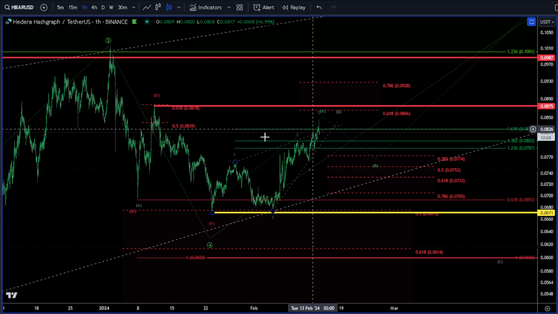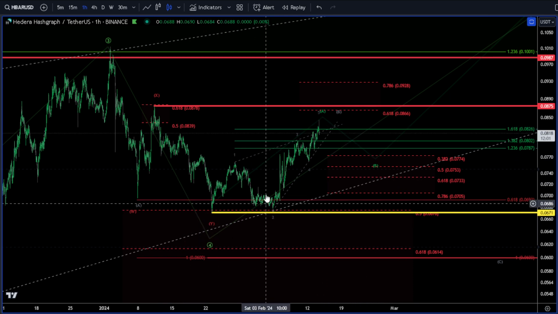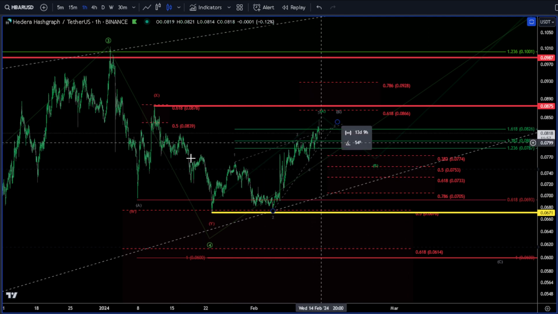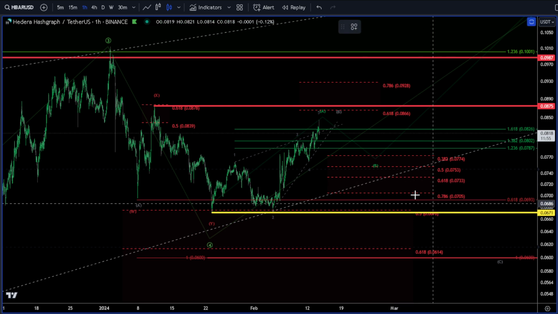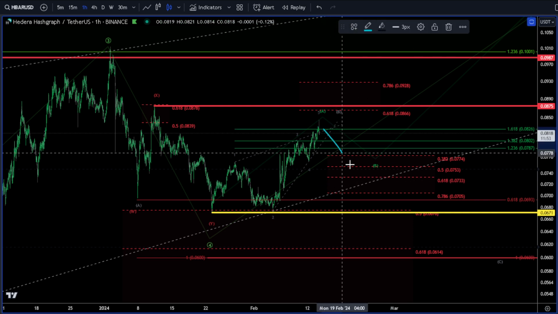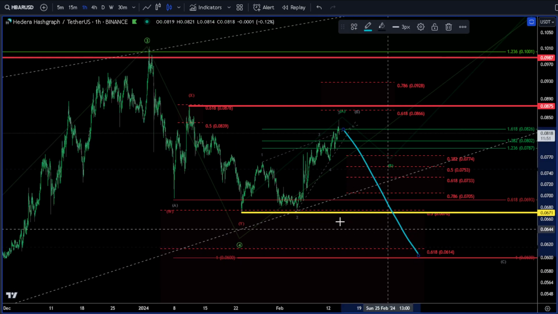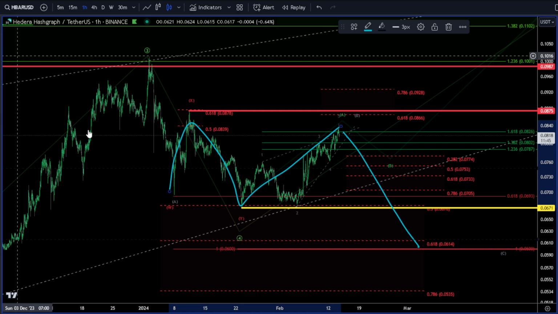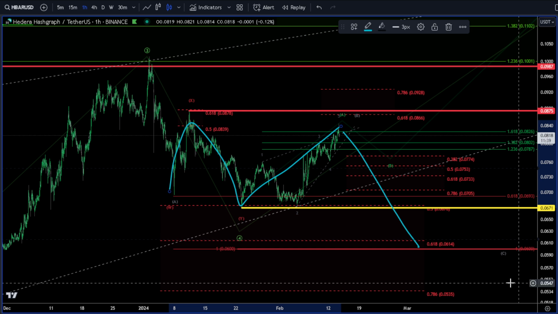And if we fail, this would have to be something super complex. I don't think we will personally, but we'd look for the 1-to-1, and this would all be an A, B, C. And we'd look for those alternative structures we looked at as in the middle of a B wave or a triangle.